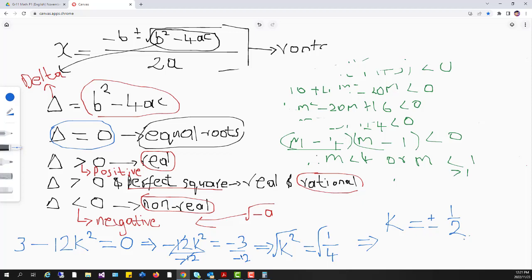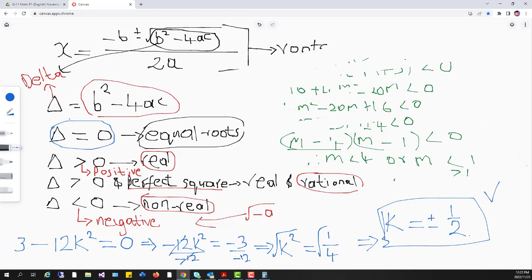Okay, so your k would have to be plus or minus 1 over 2 for that thing to have equal roots. All right, and then you can also test it out with a negative. You will see that with a negative, it's still going to be a positive. And then a positive number will also give us a positive square root. So the answer is k equals plus or minus a half.